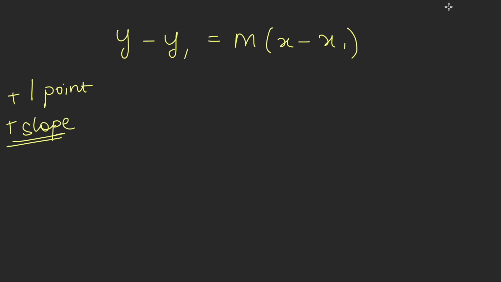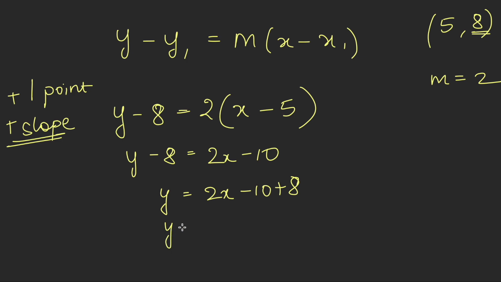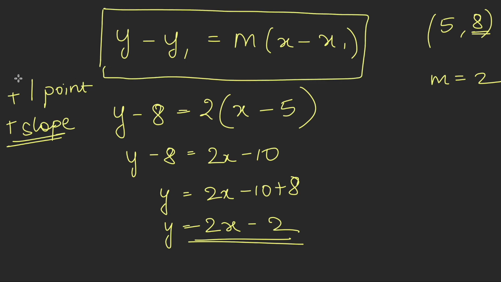So if I had the point, say 5 and 8, and my slope was 2, okay, y minus y1, which is the y component of the point, so 8, is equal to m, which is the gradient, 2, into x minus x1, which is 5. Now just simplify this to write y is equal to 2x minus 10 plus 8. So y is equal to 2x minus 2. So this is the ideal formula to use when you're given a question of this sort.